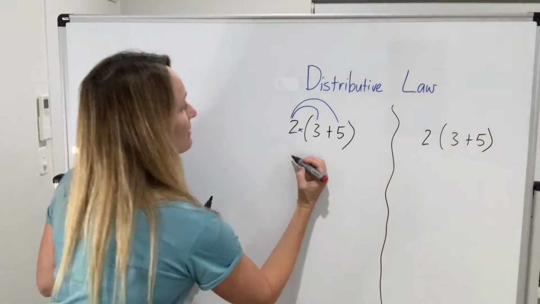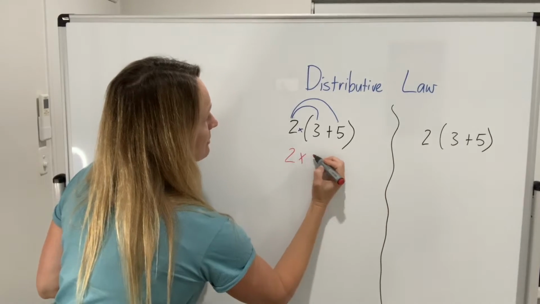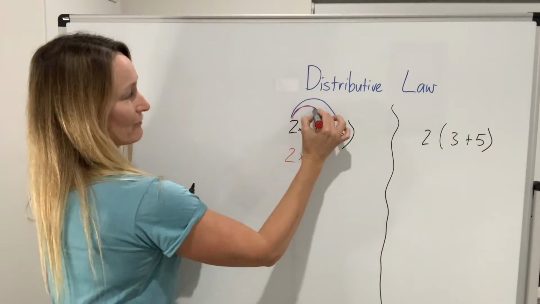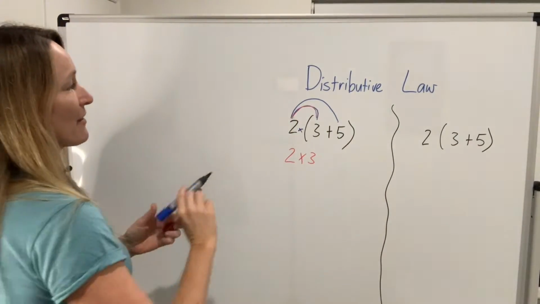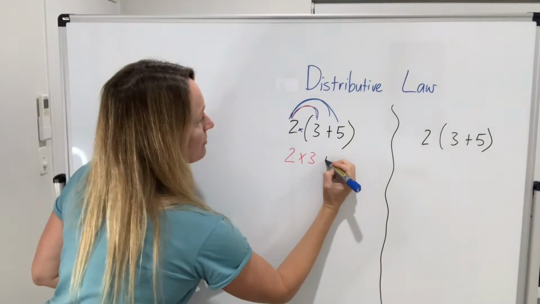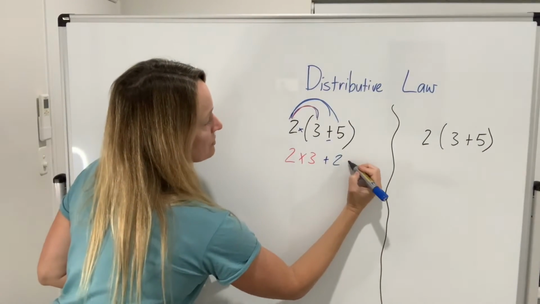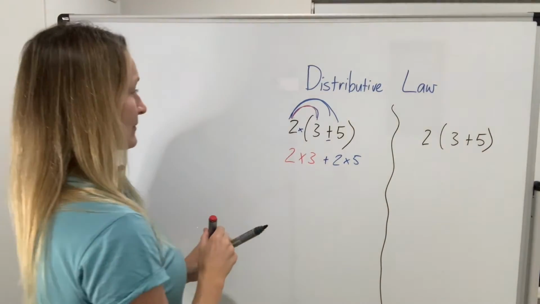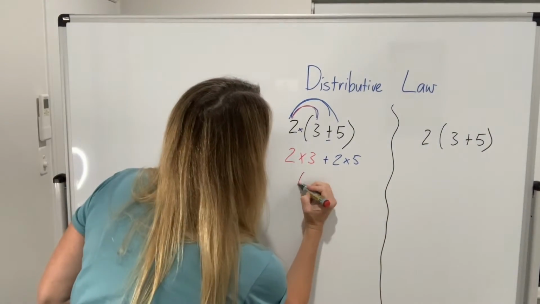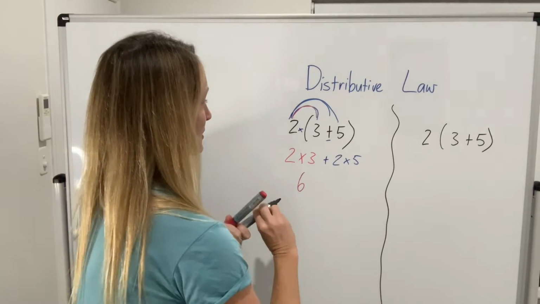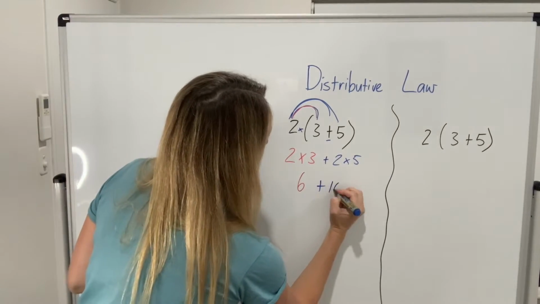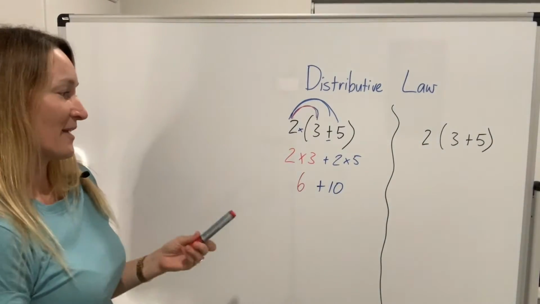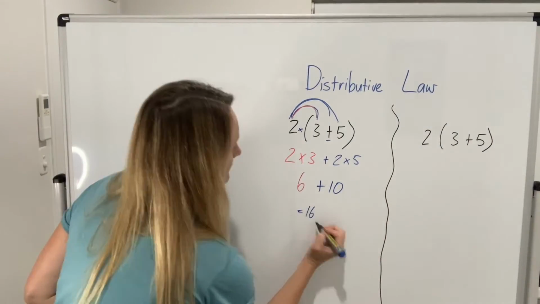Okay, so if we do that, we do 2 times the 3, that first part, and then plus the 2 times 5. Okay, 2 times 3 is 6, and 2 times 5 is 10, and from there we know the answer is 16.